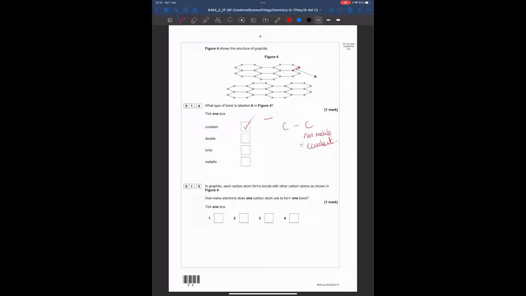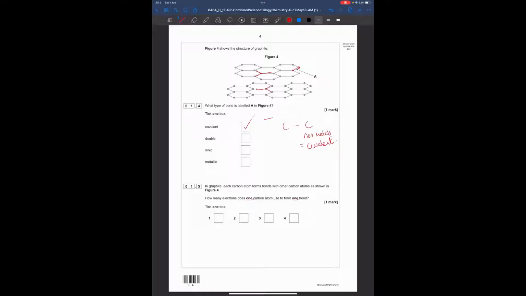In question 1.5, it says, in graphite, each carbon atom forms bonds with other carbon atoms as shown in figure 4. How many electrons does one carbon atom use to form one bond? Okay, so if we look at these carbon atoms, they join to 3 other carbon atoms, the ones that are in the middle.